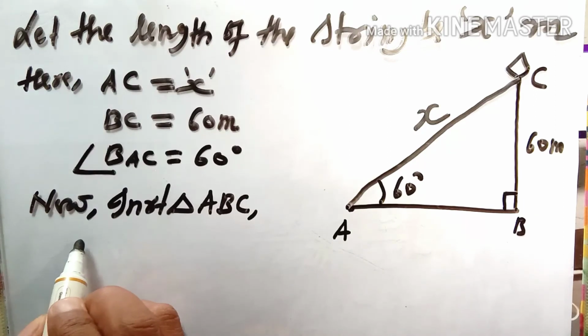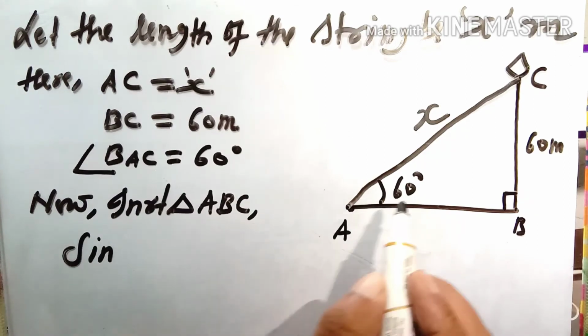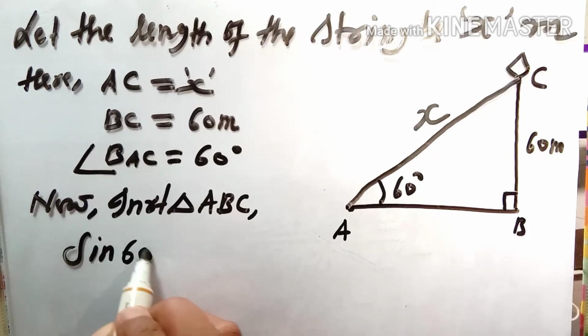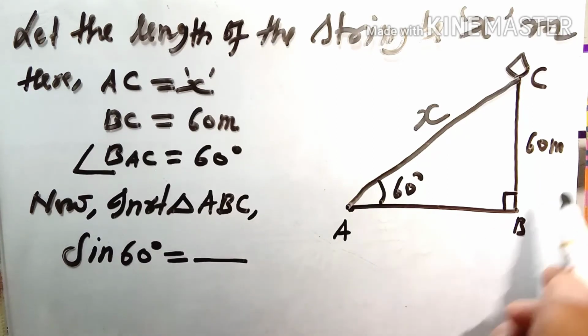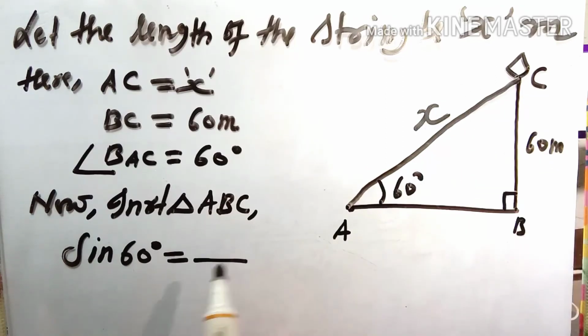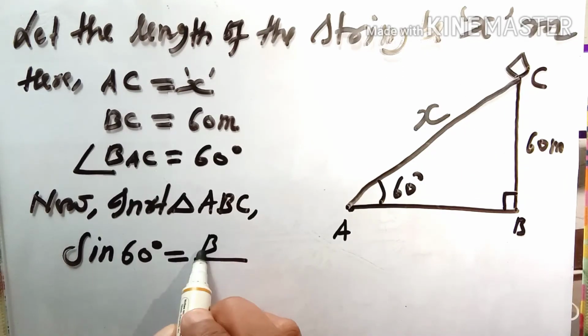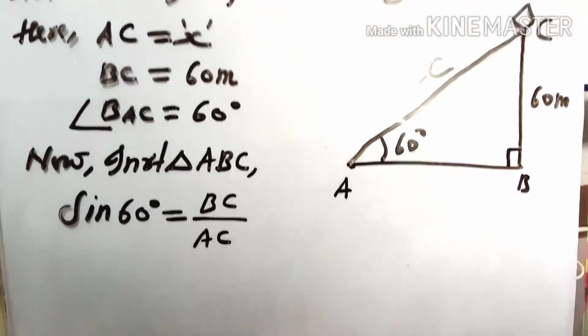Theta is given as 60 degrees, and we know that sine theta is equal to the opposite side divided by the hypotenuse. The opposite side is BC and the hypotenuse is AC.